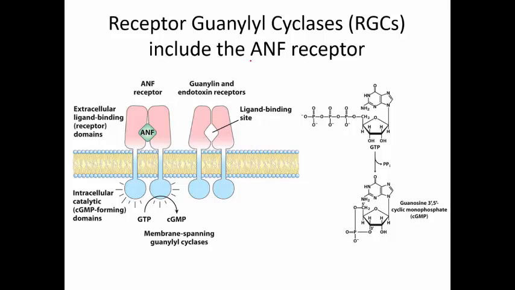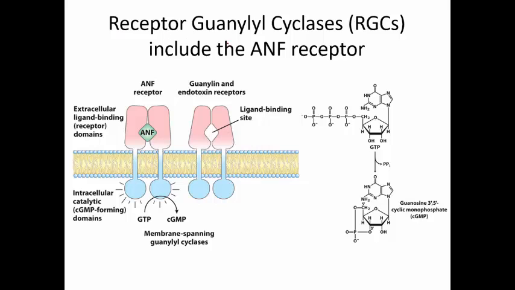ANF stands for atrial natriuretic factor, which is just a peptide released when the heart has high blood volume. What we want to do is increase salt secretion and change the blood volume through osmotic changes. It's a lot less clear what the downstream effect is, so I don't want you to worry too much about that. But you should definitely know what it does.